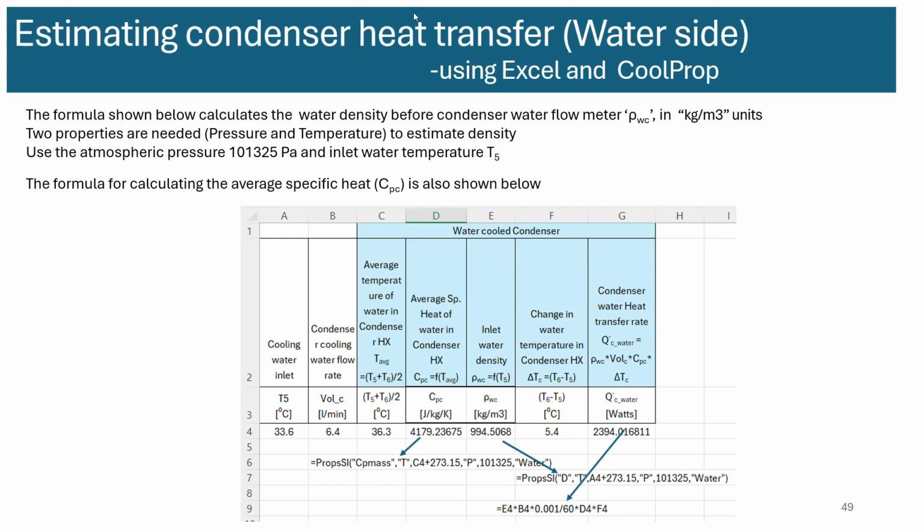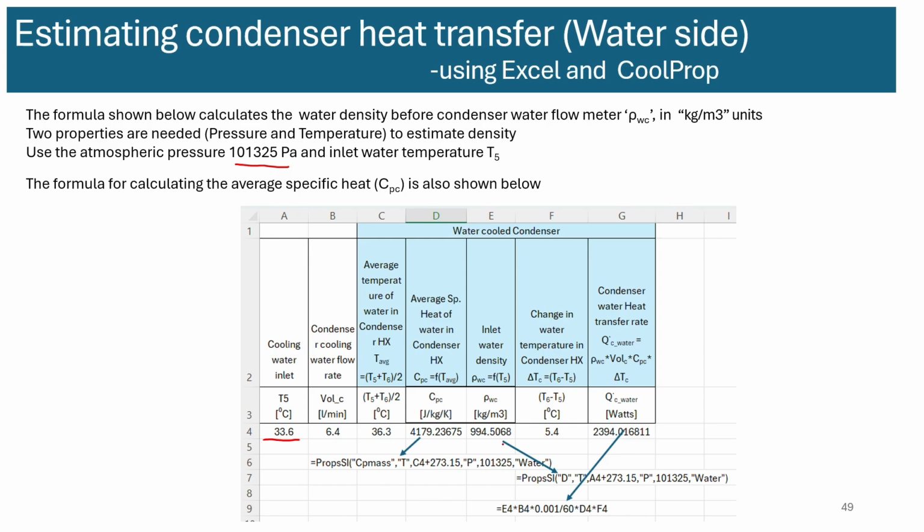Even though the density of water is primarily dependent only on temperature, the variation due to pressure is very minimal, but CoolProp needs both these properties to estimate the density. So for calculation purposes, we use atmospheric pressure, which is 101325 Pascal, for calculating both the specific heat and the density. For density, the temperature is the inlet temperature.